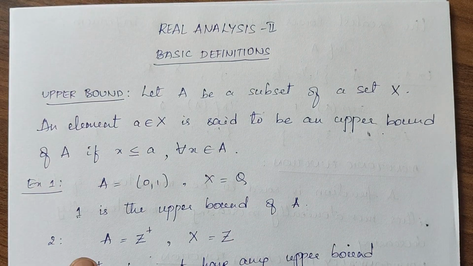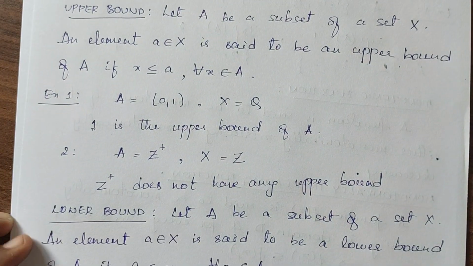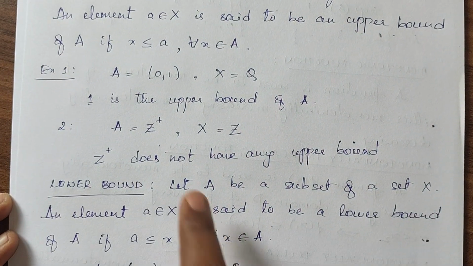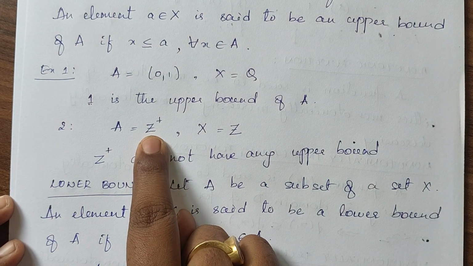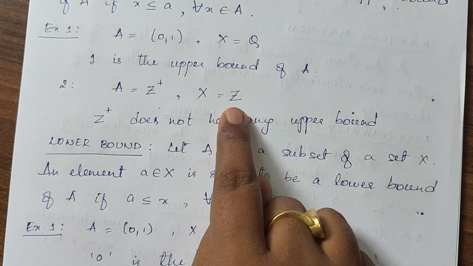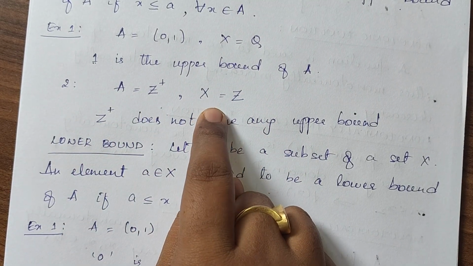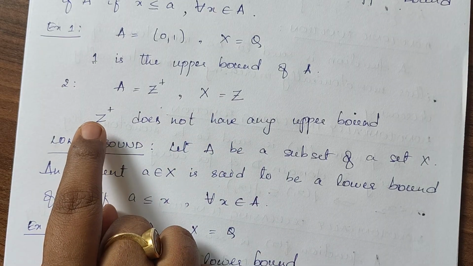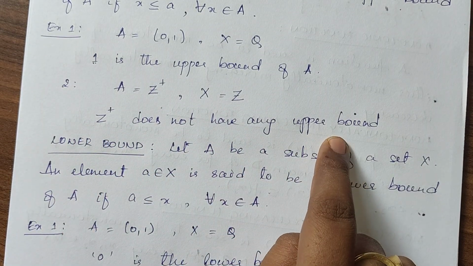I have taken the second example also here. A equal to Z plus, that is the set of all positive integers, and here X is taken as Z. Obviously this A is a subset of this X. Here Z plus doesn't have any upper bounds.